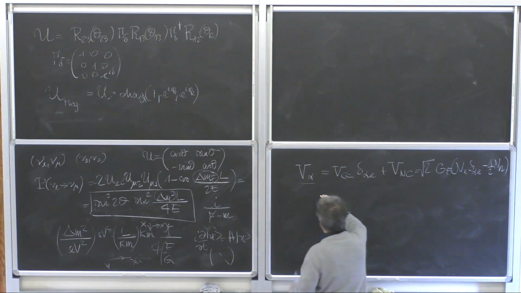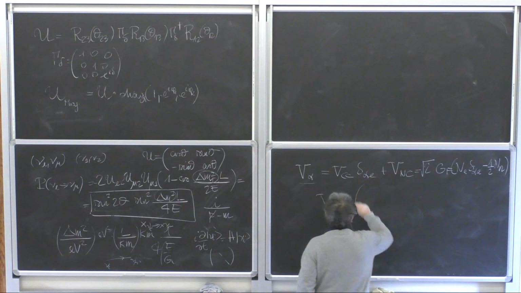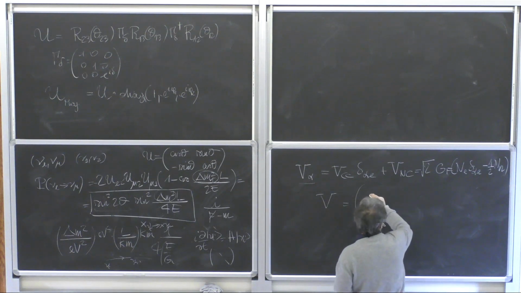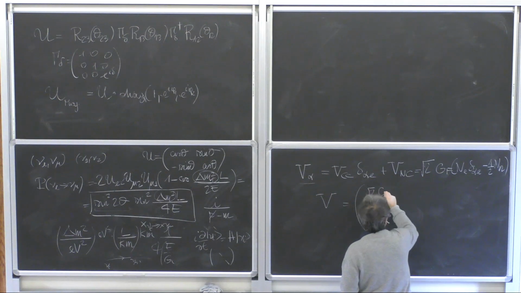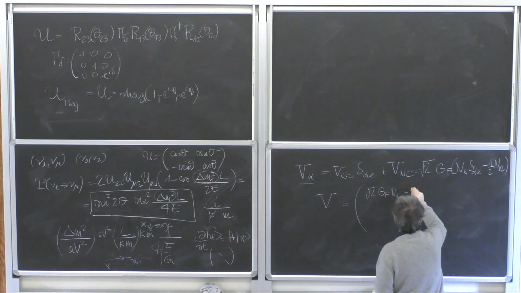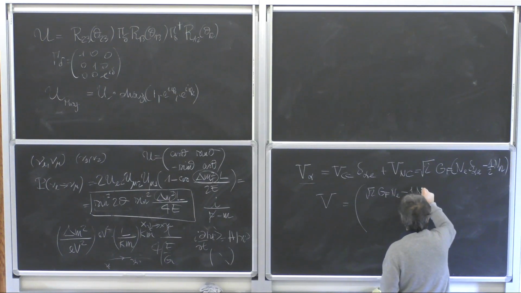So if you consider this as a matrix, V, when alpha is equal to e, you have square root of 2 G_F (N_e minus 1/2 N_n).